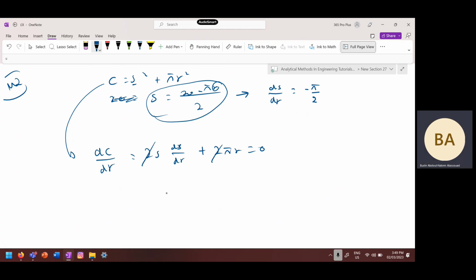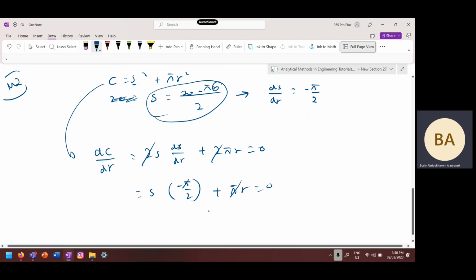Cancel the 2 from here. Okay, you have an s here. Substitute the value of ds dr. It's s times negative pi over 2 plus pi r equals to 0. A pi can be cancelled with a pi. Eventually, you will have negative s over 2 plus r equals to 0.